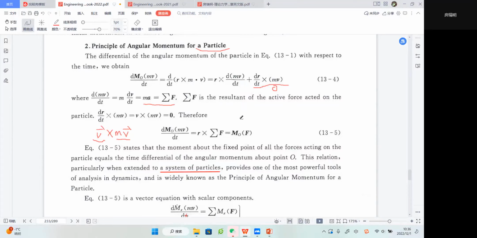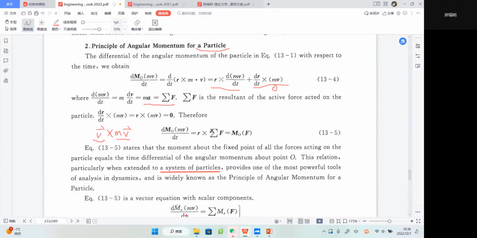We have r cross product sigma F, because our d(MO)/dt just equals this one, and this part is 0. So it equals r cross product d(mv)/dt, and d(mv)/dt is ma, which is the same thing as sigma F. So it changed into r cross product sigma F.